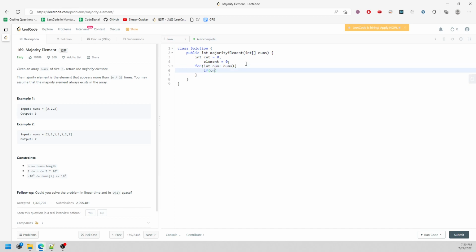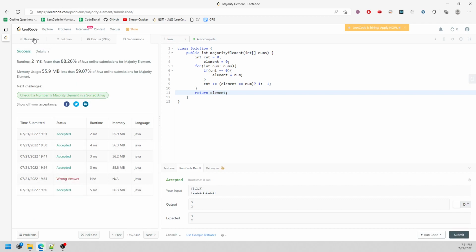If count is equal to 0, my element is equal to num, and my count is going to be plus equal, because I need to check if the element is equal to num, then I will increment by 1, else decrement by 1. And I will return the element. So this is it.